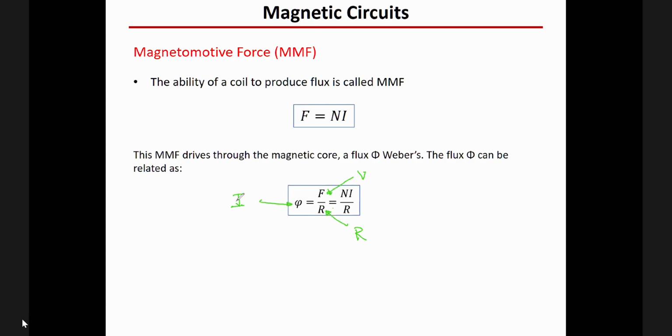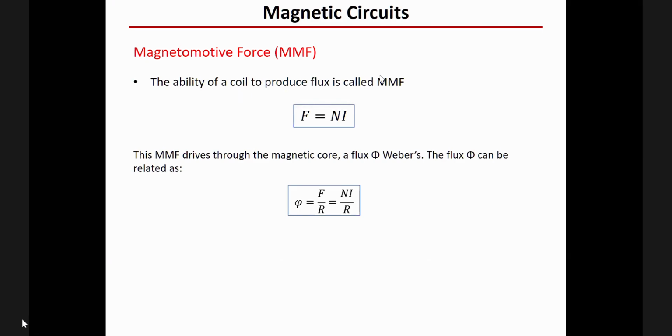So we provide the voltage to the electric circuit using a source. We provide F to the magnetic circuit using a coil through N and I. Reluctance is the same as the resistance in an electric circuit.